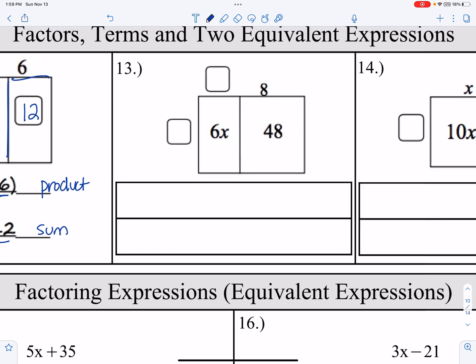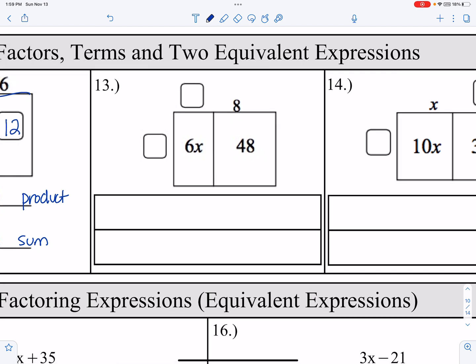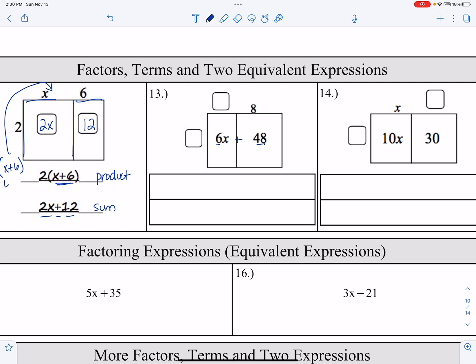Now number 13. What we're looking at here is 6x plus 48. When we're factoring, we're looking at what number we can divide both by, or what is the greatest common factor of both of those numbers, whether it's the coefficient or the constant, so that we can pull that out to the outside. First of all, let's write our sum. We know our sum is 6x plus 48 for our area.